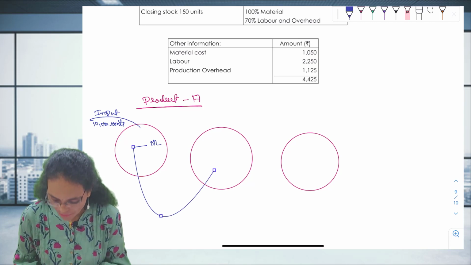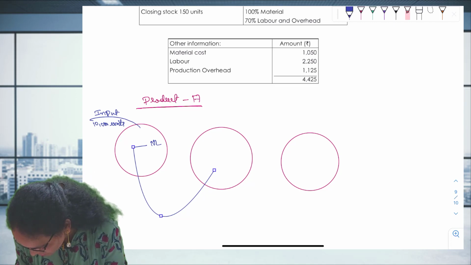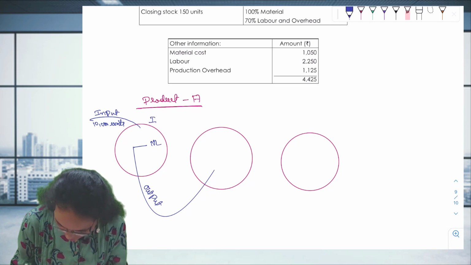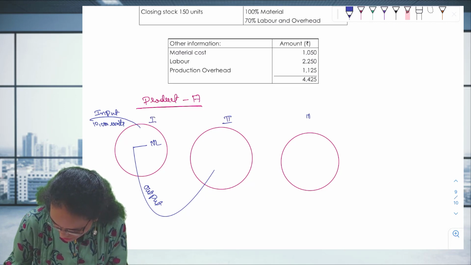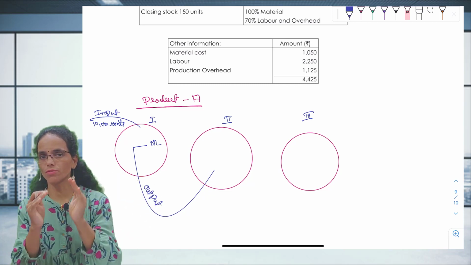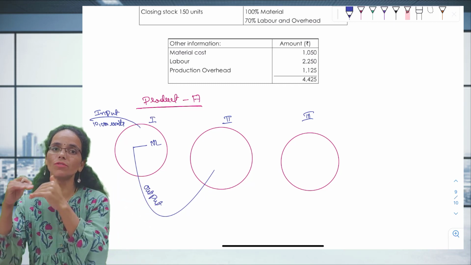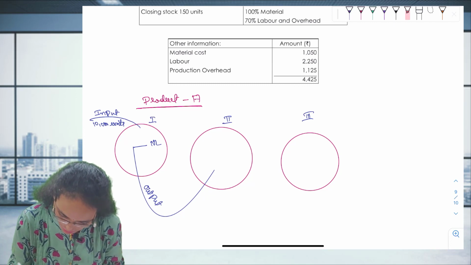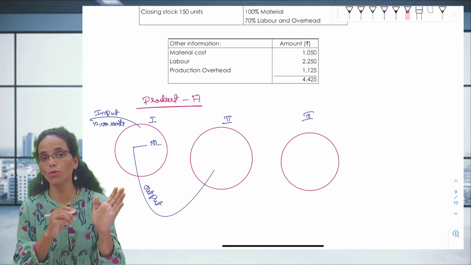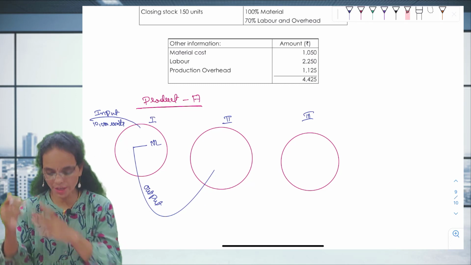What does it mean? The output of process A, process 1, will be the input for the next process. Output of process A goes as input to the second process.